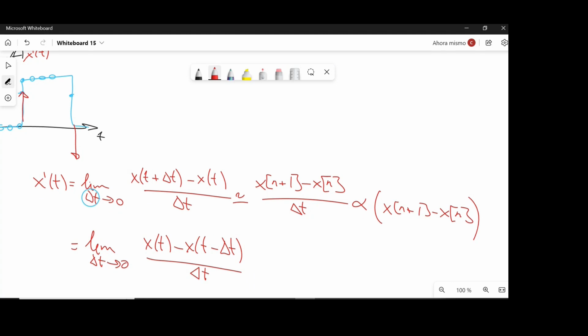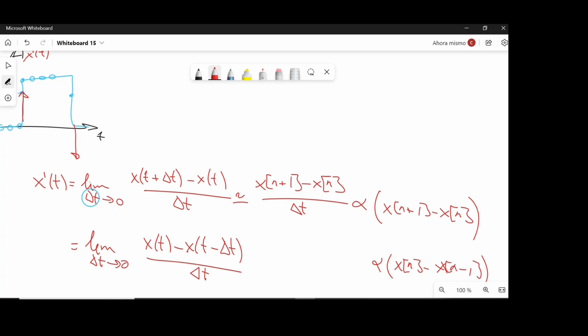You may remember these two definitions of derivative. And then if you take samples, this is x of n minus x of n minus 1. So we can approximate derivatives taking one sample on the right and the current sample, or the current sample and one sample on the left.